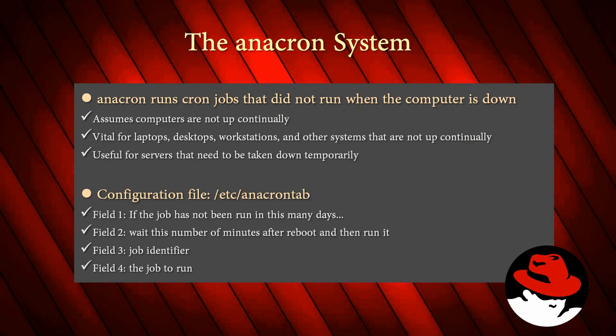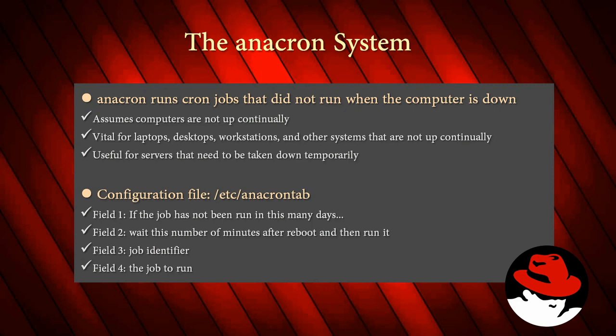It will run afterwards. It assumes the computers are not up continually. It is vital for laptops, desktops, workstations, and other systems that are not up all the time. It is also useful for servers that need to be taken down temporarily due to traffic and various purposes. It is a useful thing.